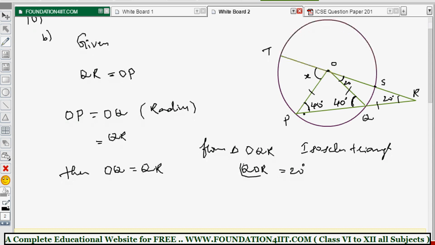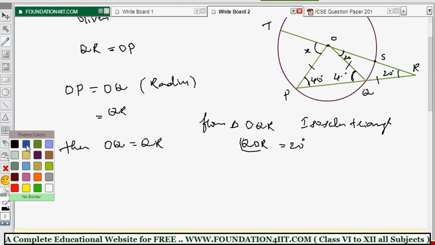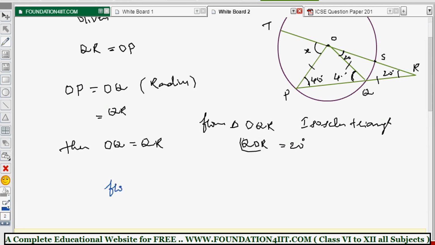Then from triangle OPQ, it's 40 and 40. Now this part is 180 minus both. So angle POQ is equal to 180 minus 40 plus 40, which is 80.